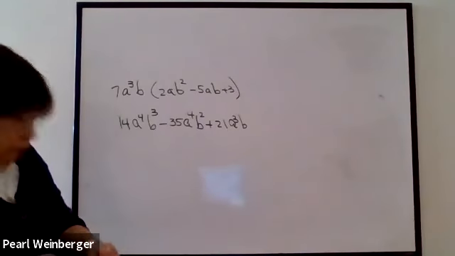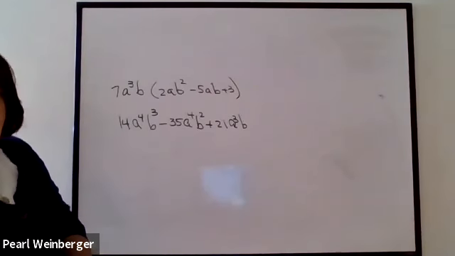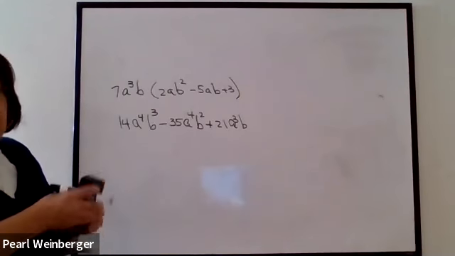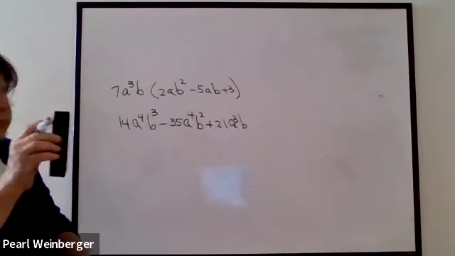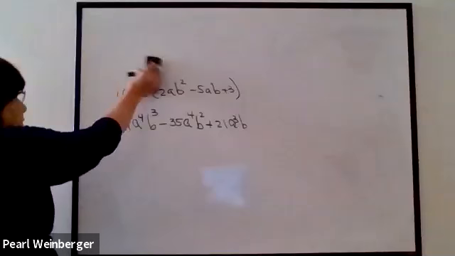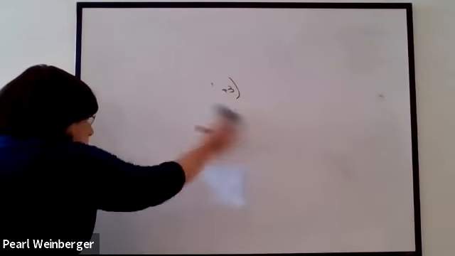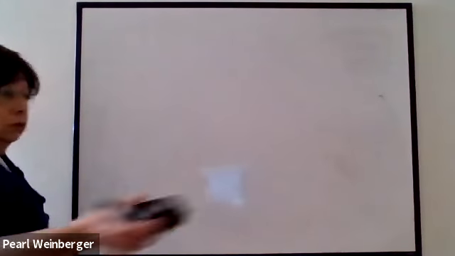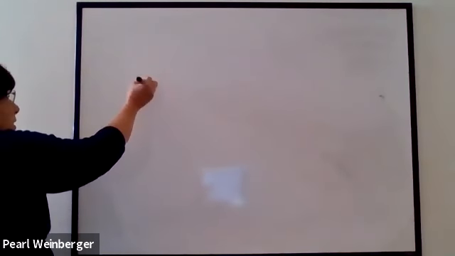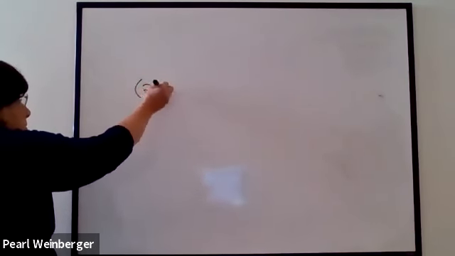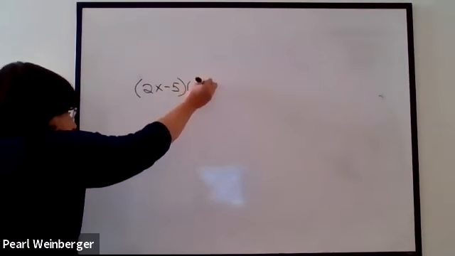So I just want to do one more thing. Let's talk about multiplying binomials, and then that's what we'll take over when we come back on Tuesday. Multiplying of binomials. So let's say I have (2x - 5) times (3x + 2).